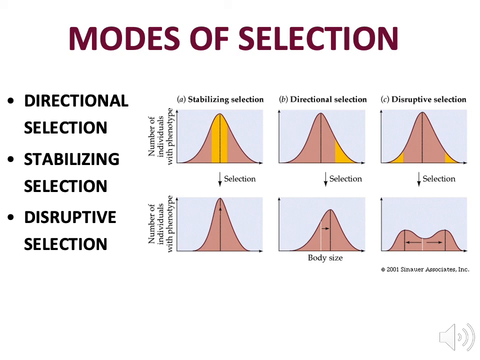We're going to take a look at directional selection first. Now, the set of illustrations there show me that directional selection is the two illustrations found in the middle of the sequence. In directional selection, what I am doing is selecting for an extreme phenotype. So you take a look at the bell-shaped curve there, and let's say we're talking about body size.